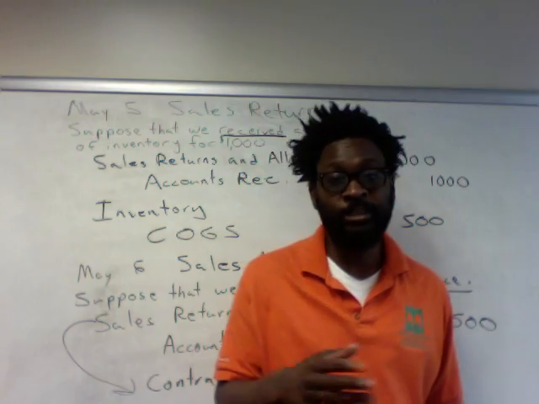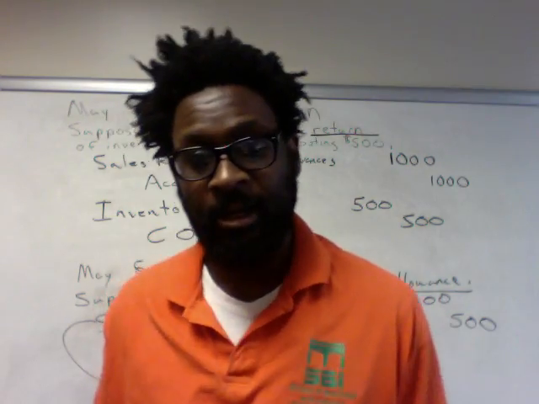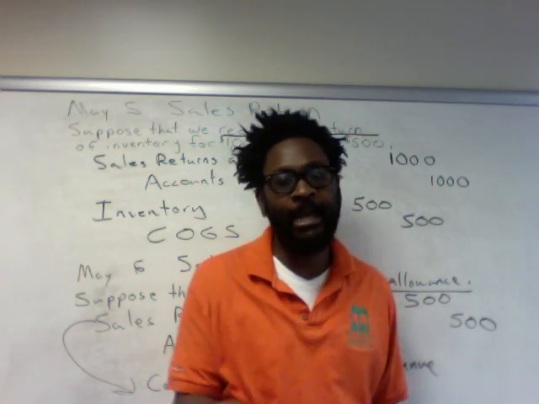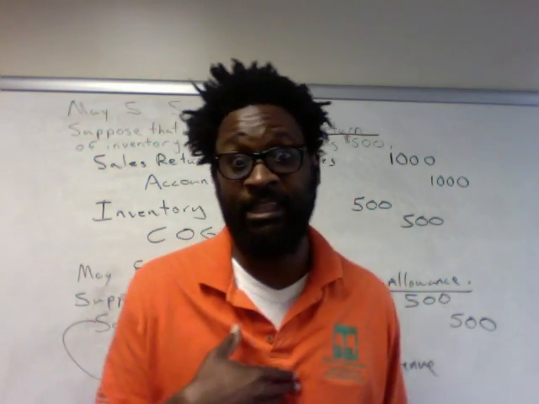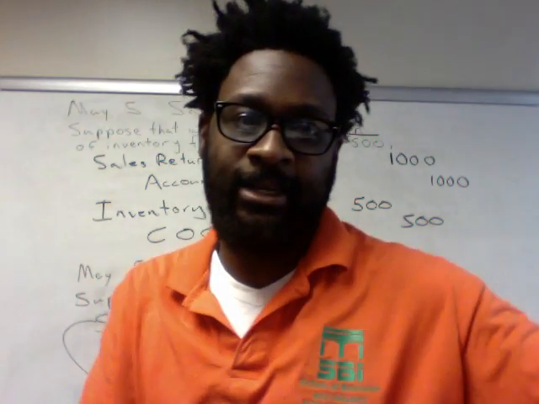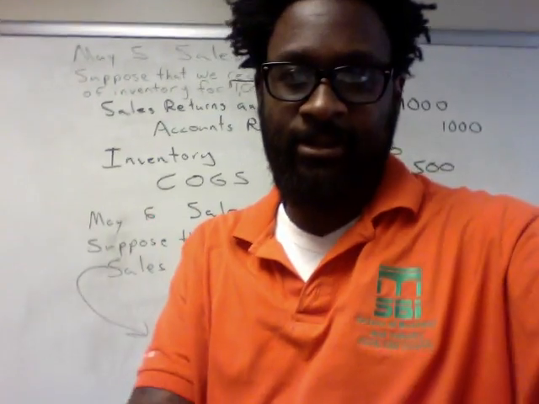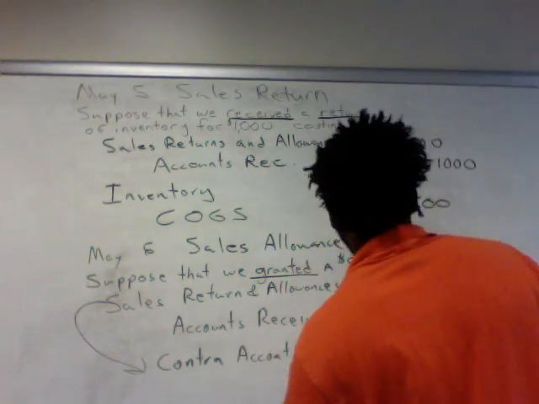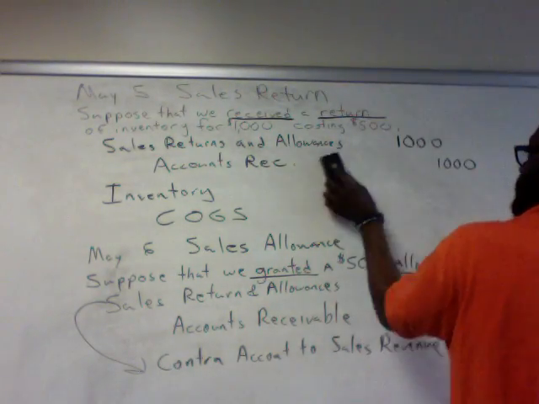So don't confuse a sales discount with a purchase discount. They gave you a name so that you don't. So you only debit sales return and allowance and sales discount when you're on what side of the gun? The selling side. Okay? So be careful with the wording. It is all about the wording in accounting.